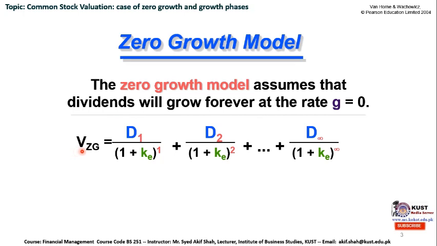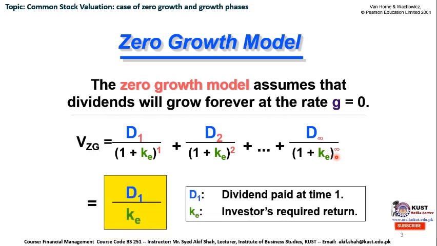So the value of zero growth common stock is equal to discounting the first time period's dividend, the second time period's dividend, and so on and so forth up to infinity, because this stock is going to pay you dividends at a fixed stated rate or fixed denomination in terms of dollars, and all the dividends shall be discounted back to time 0 in order to find out its value, which is quite difficult as we cannot discount all the values up to infinity.